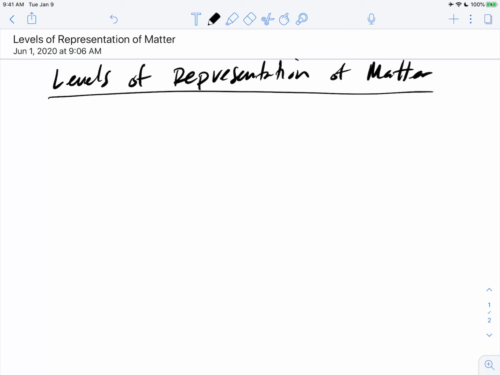So, for example, let's start with the macroscopic view or representation for the three different phases of water. We can have water as ice, a liquid, and as a gas.